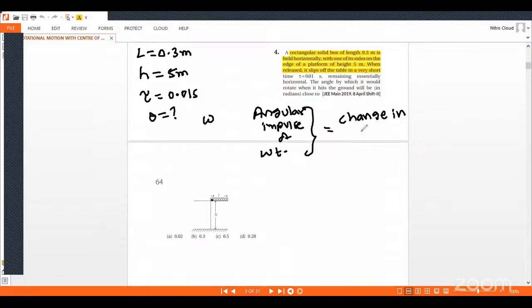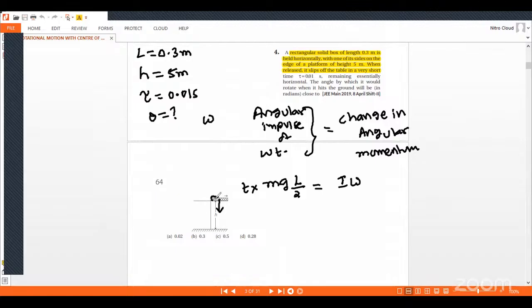Angular impulse, with respect to center of gravity, will be mgl by 2 times t. That is equal to angular momentum, that is I omega.